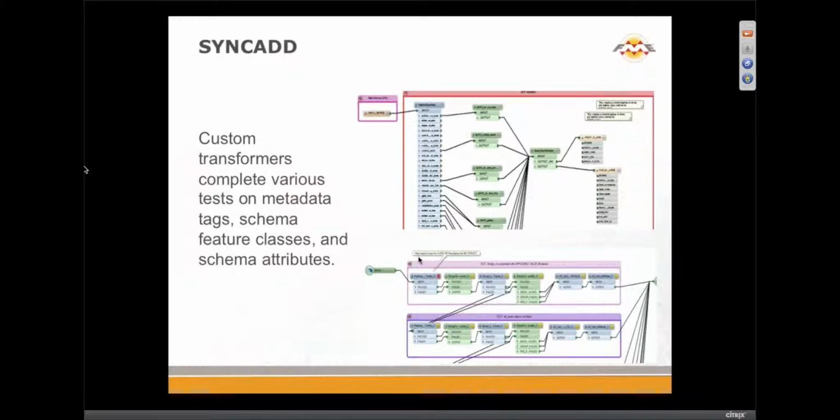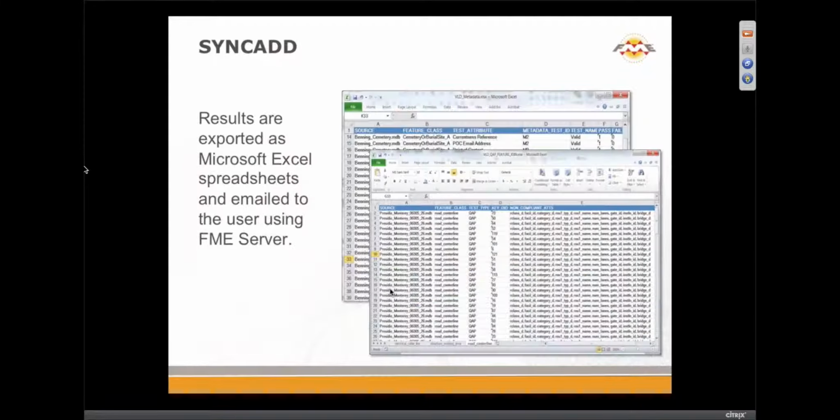So any user can go into these and change one of the users. We used a variety of testers. Next slide. Here's an example of some of the reports that we generated. They came from the geospatial data, and we outputted them as Excel spreadsheets.